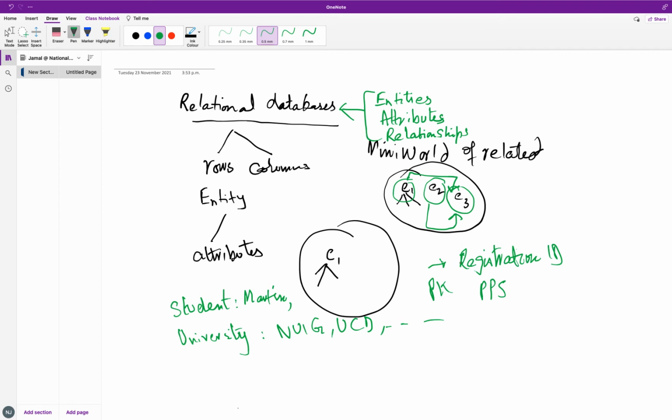Obviously the DBMS is responsible that our data is persistent, right? We are storing data, so data should be persistent. It could be updatable, right? We can update it. So these are the properties: data should be persistent, it should be updatable, and it should be consistent.